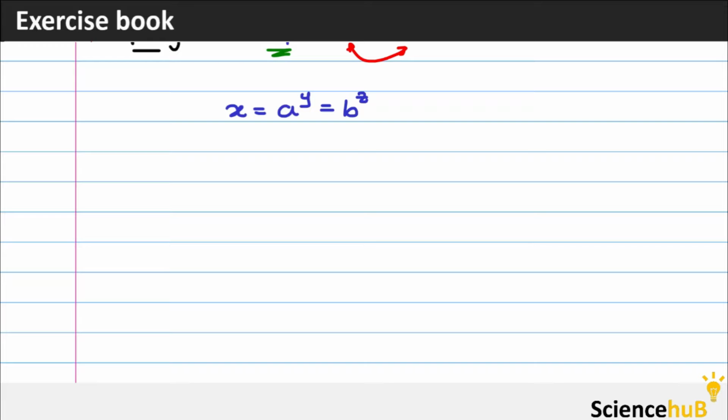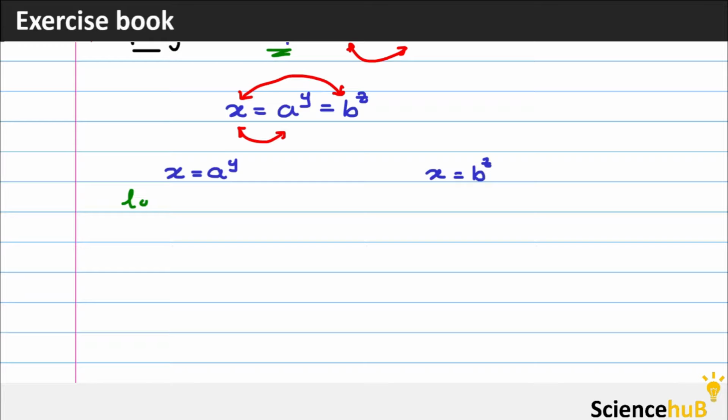Now we have two equations, 1 and 2. x is equal to a to the power y, x is equal to b to the power z.